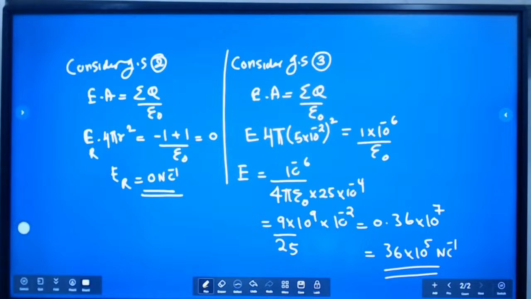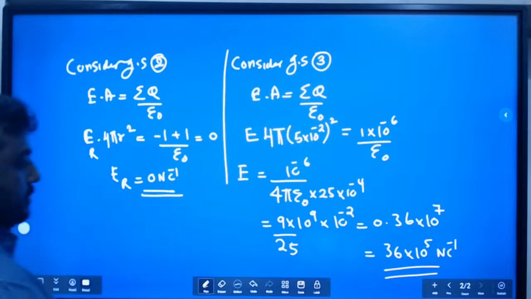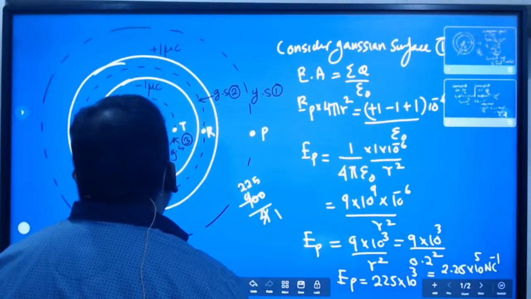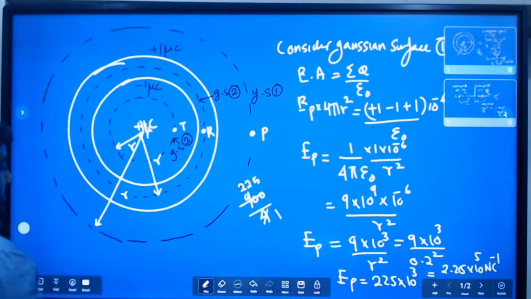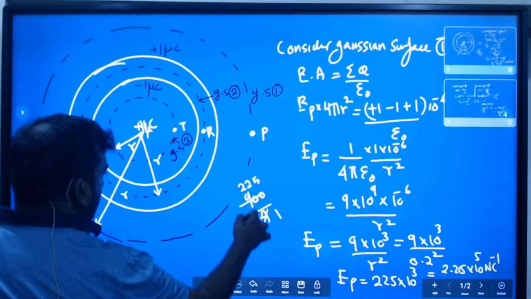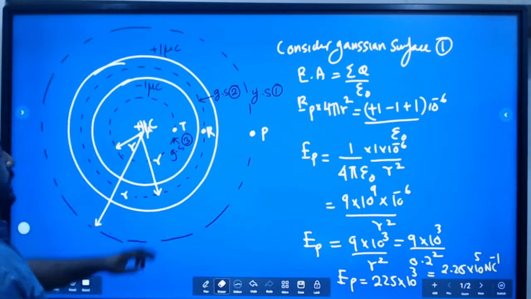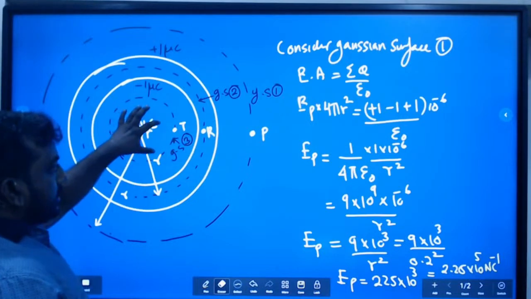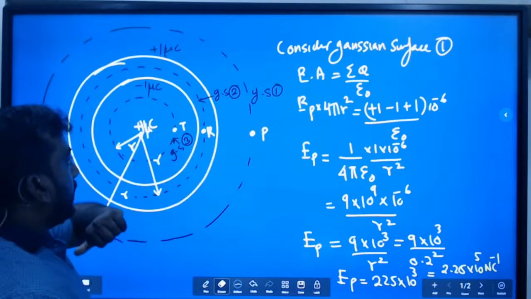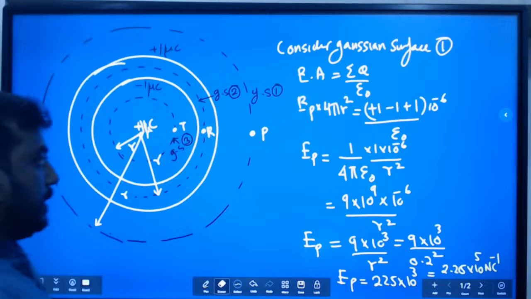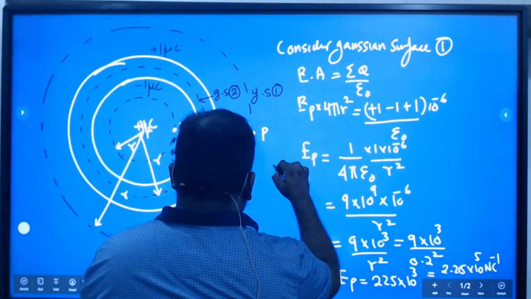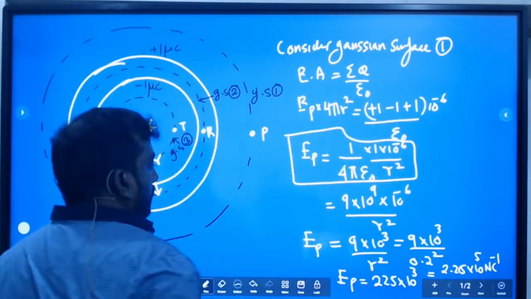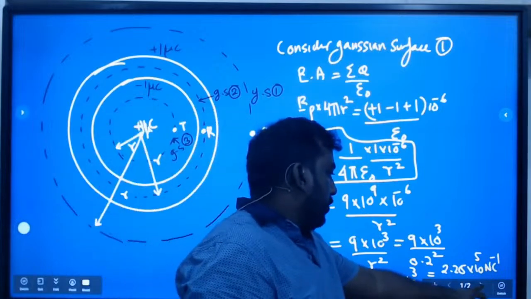Right. They are asking you to sketch the variation. If you sketch the variation roughly, then we can probably do it. Inside here, electric field strength is 0. Outside, electric field strength is proportional to 1 over R squared.